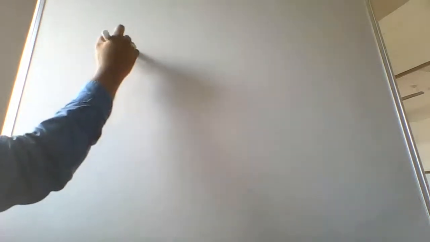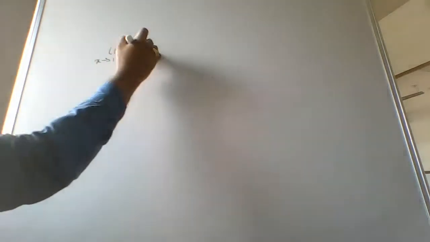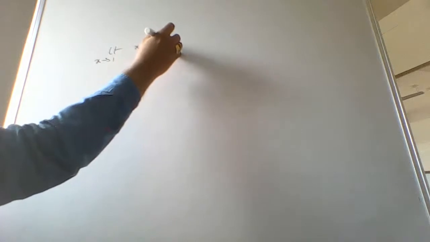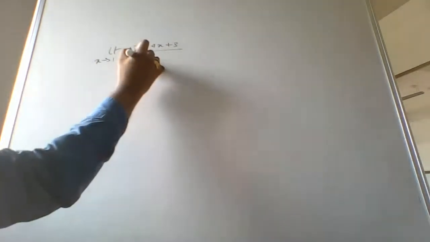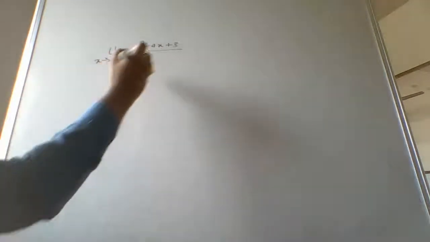suppose I have the limit as x tends to 1 of x square minus 4x plus 3 divided by x square minus 3x plus 2.